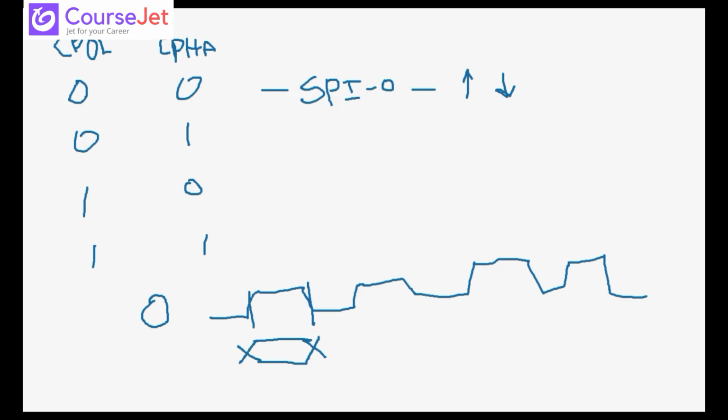We will read this here, and at this particular place it should change the data value. Again when the clock is high, it should read the value.